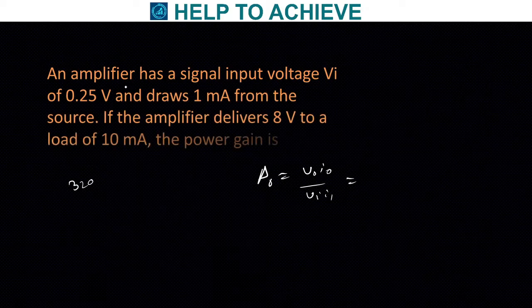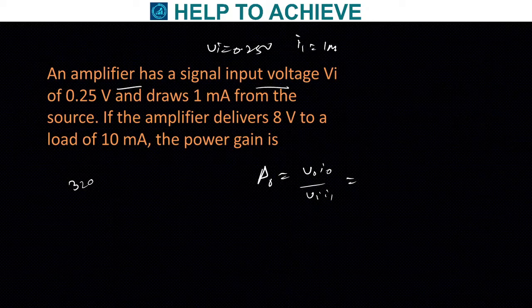Next, an amplifier has a signal input voltage Vi given as 0.25 volts and draws a current of 1 milliamp. So the input current is 1 milliamp from a source. If the amplifier delivers 8 volts, so V0 is given as 8 volts, to a load of 10 milliamps, so I0 is also given as 10 milliamps.